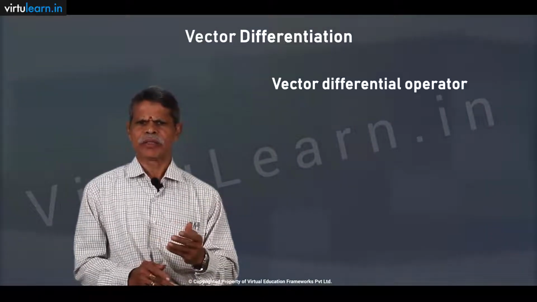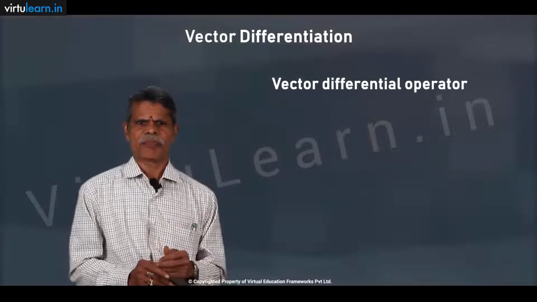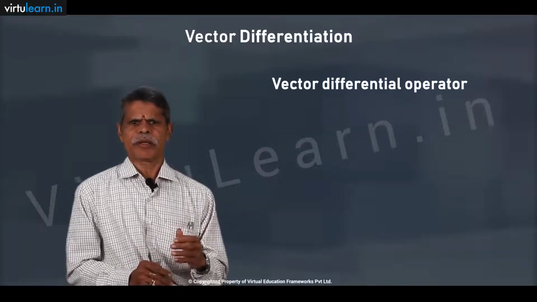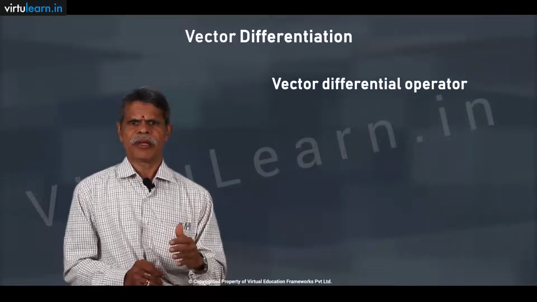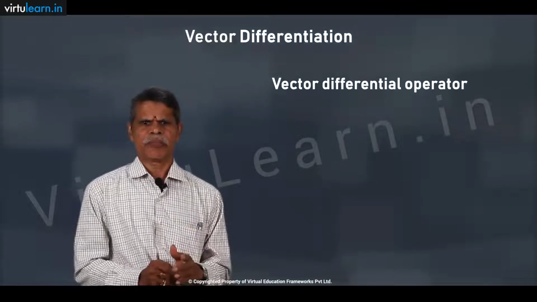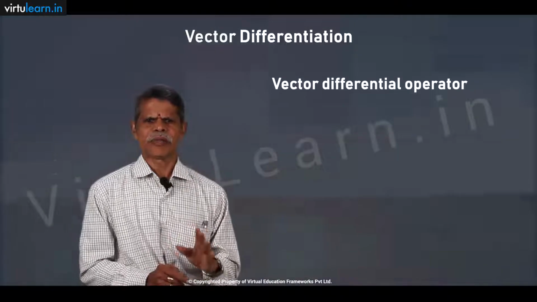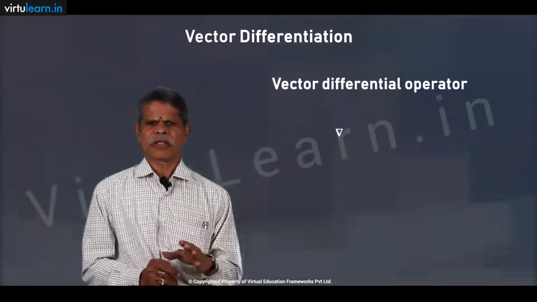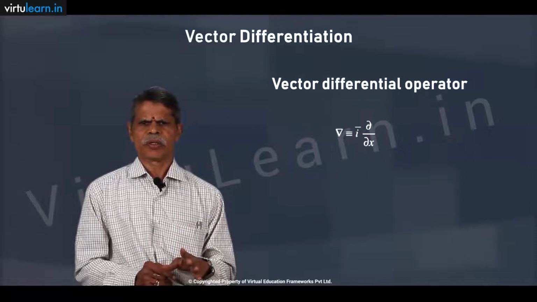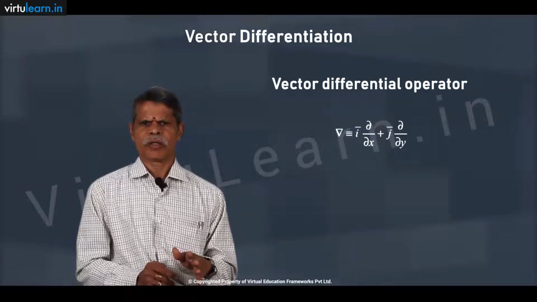All these are scalar differential operators. On the other hand, we come across vector differential operators in this context. The general vector differential operator is denoted by del. It stands for i bar dou by dou x plus j bar dou by dou y plus k bar dou by dou z.